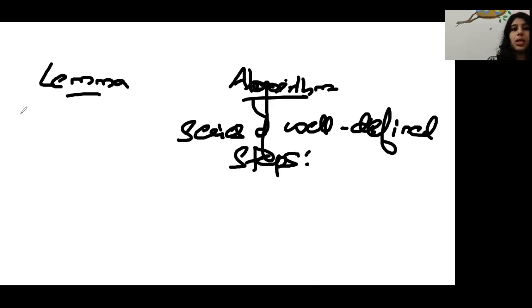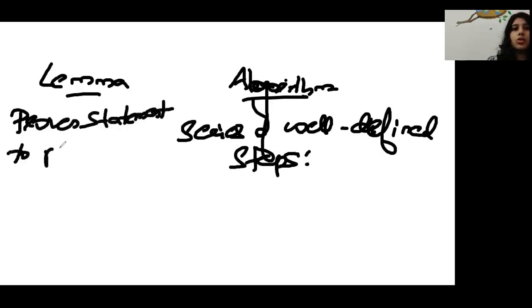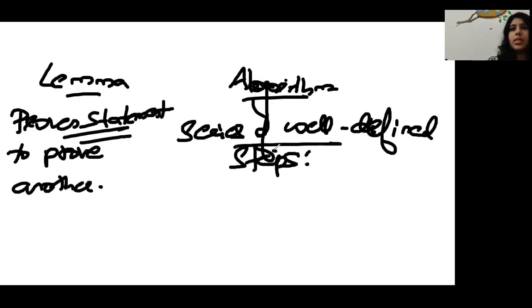Lemma means a proven statement, already proved, which is used to prove another one. So lemma is a proven statement, and algorithm means a series of well-defined steps. That's the difference between them.